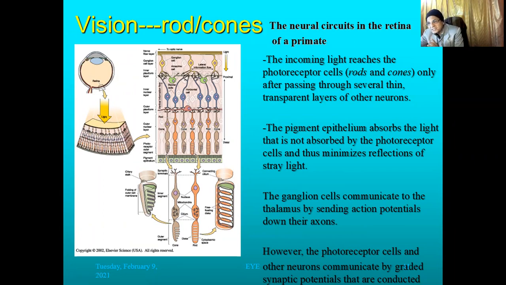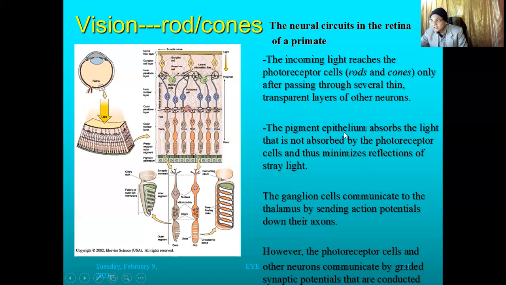Because you have to understand how electromagnetic energy is transferred to electrochemical energy. In the neural circuit of the retina of a primate, the incoming light reaches the photoreceptor cells, that is rods and cones only, after passing through several thin transparent layers of other neurons.